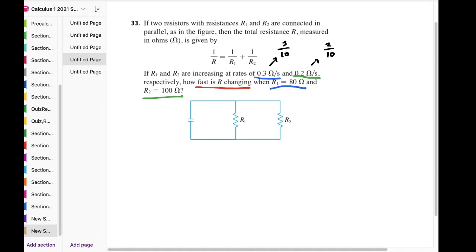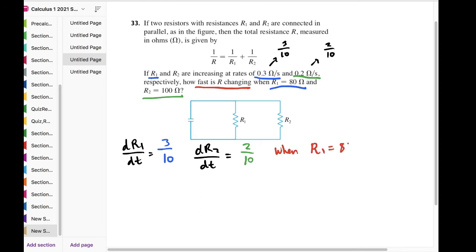Yep, we know dR1 dt. This was given as 3/10. We know dR2 dt. This is fixed at 2/10. And when do we care? When R1 is equal to 80 and when R2 is equal to 100.